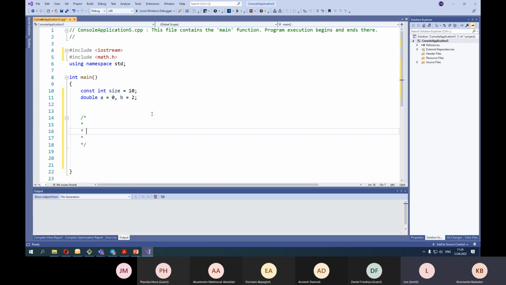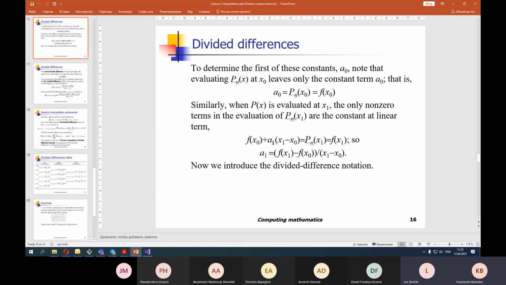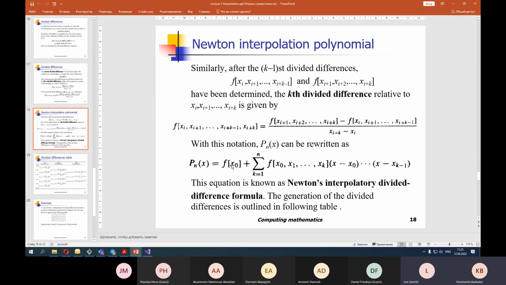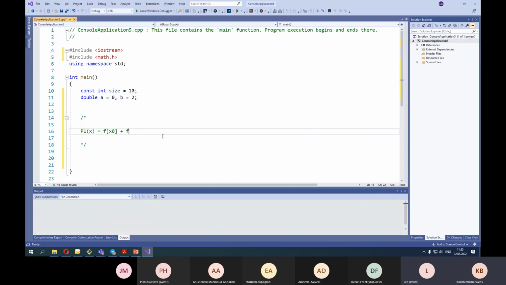How to write this polynomial? We can take the divided difference at a point x0, according to this formula: f of x0 plus f of x0, x1 times x minus x0.